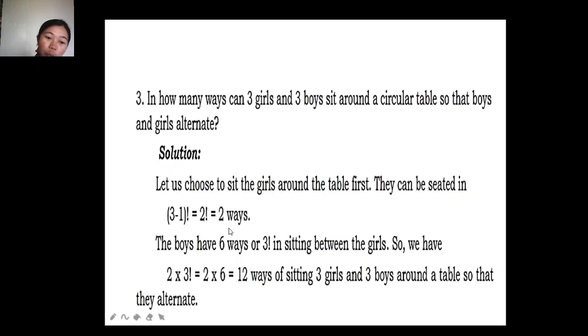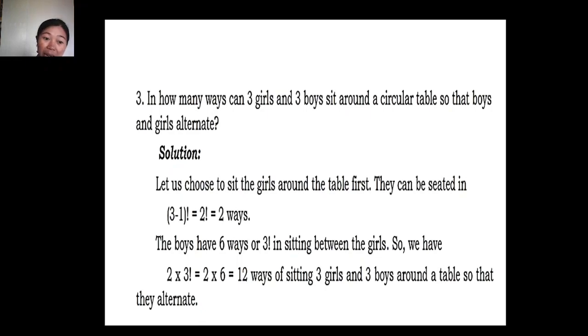Now, kung nakaupo na yung 3 girls at mayroong 2 ways lang ng pag-arrangement na magaganap dun para doon sa 3 babae, insert natin si 3 boys. So, the boys have 6 ways or 3 factorial in sitting between the girls. Saan nanggaling yung 6 ways na yon? Doon sa 3 factorial. Hindi na natin i-apply yung formula na n minus 1 para doon sa boys kasi insert na lang ang gagawin natin dun sa boys.